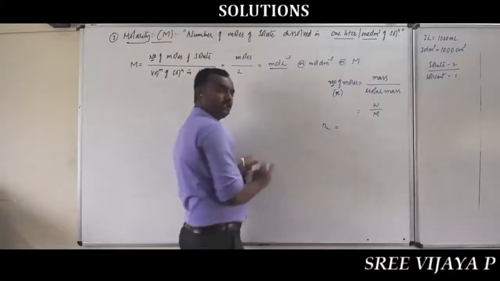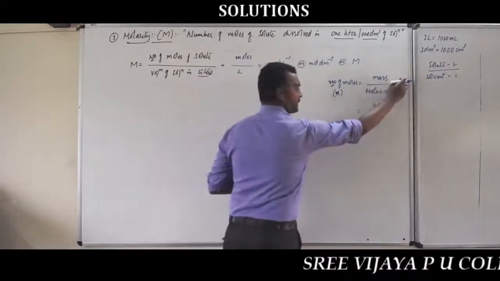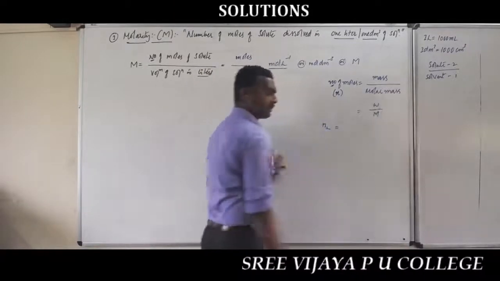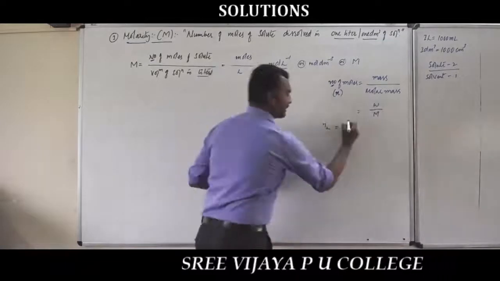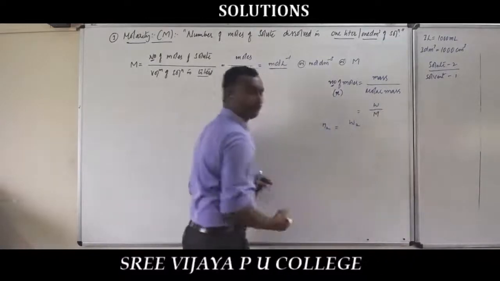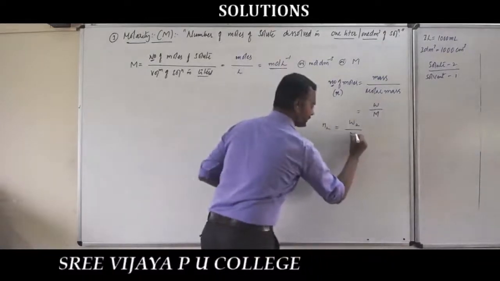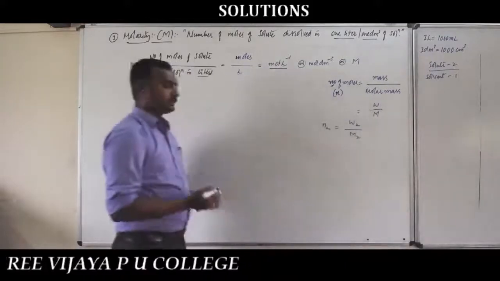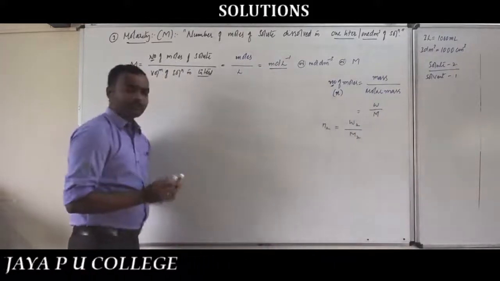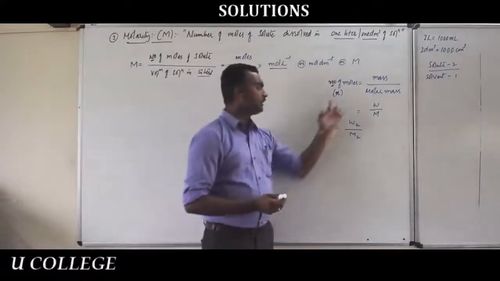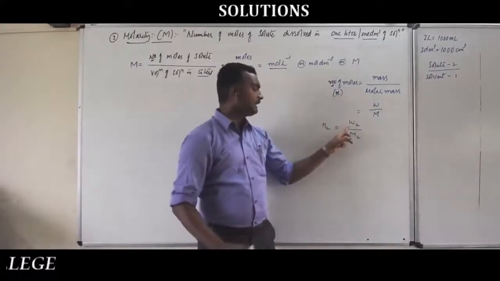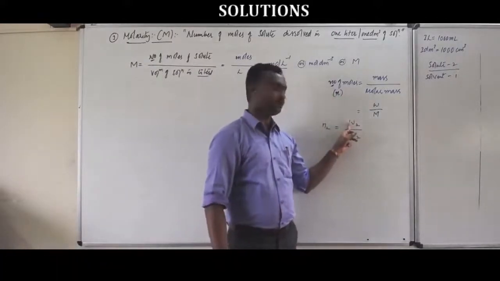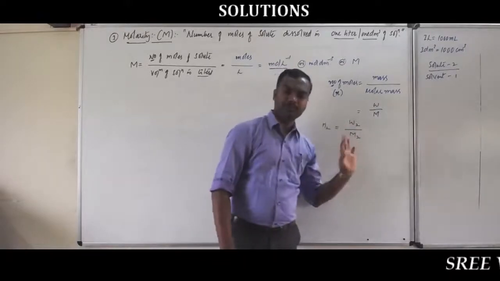Number of moles of solute is equal to mass of solute divided by molar mass of solute. Mass of solute is W2 and molar mass of solute is M2. So N2 is equal to W2 divided by M2. N2 is the number of moles of solute, W2 is the mass of solute, M2 is the molar mass of solute.